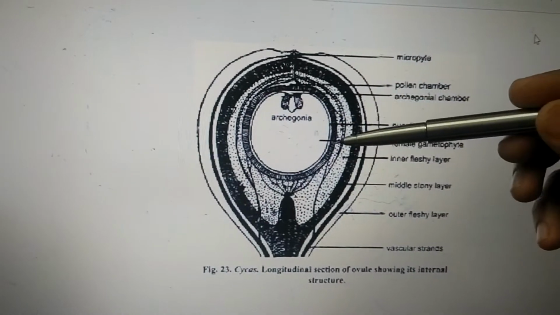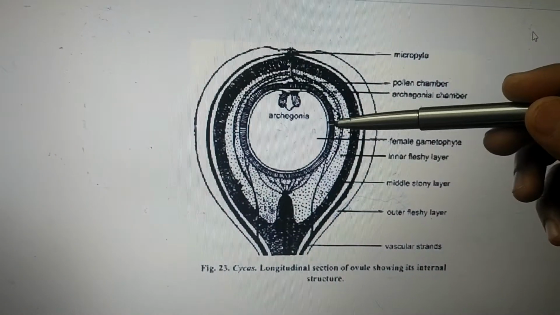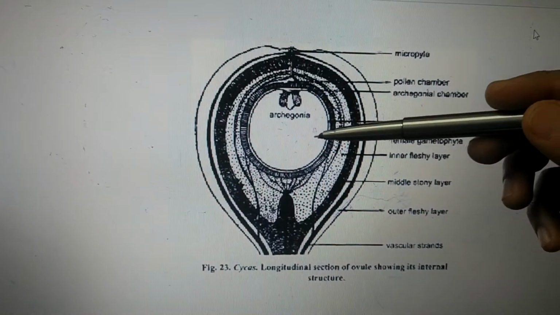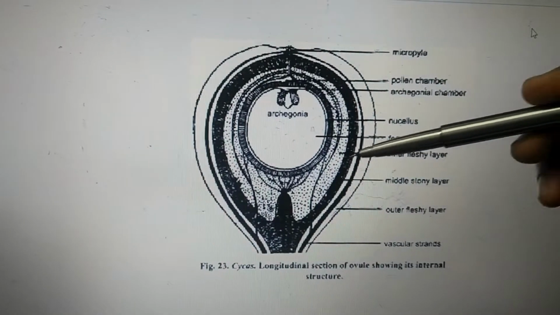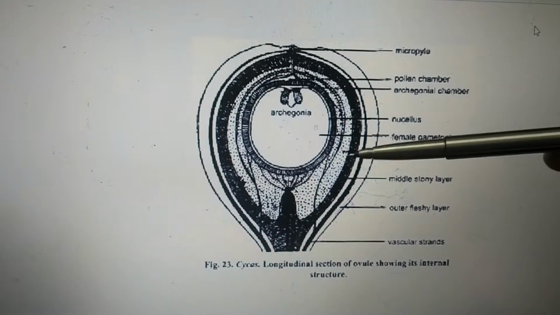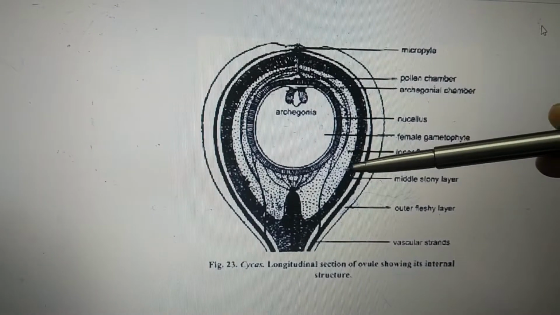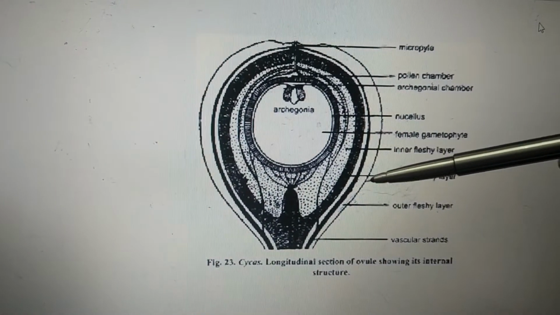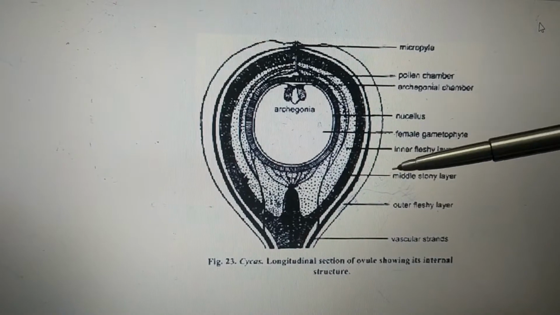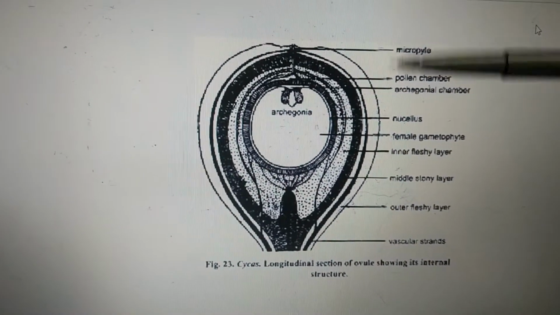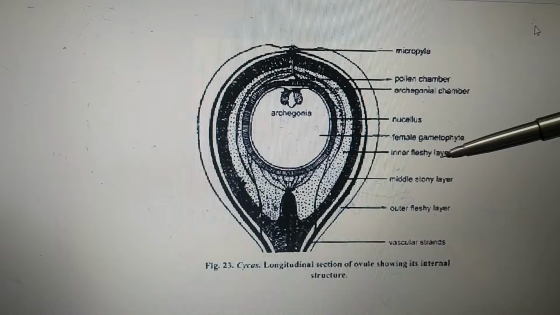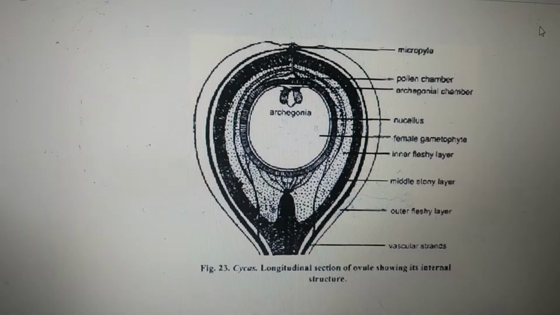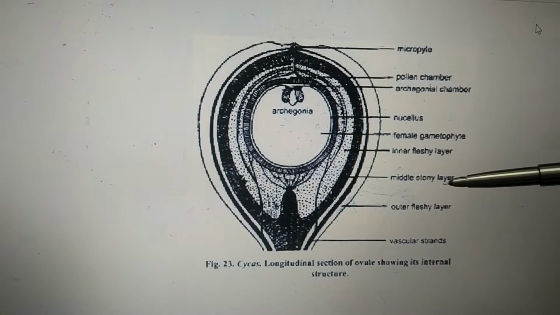Next to the archegonia is the nucellus, which is the female gametophyte. These are the three different layers: the inner fleshy layer, the middle stony layer, and the outer fleshy layer. So three layers are formed from one integument. Inner and outer are fleshy, whereas the middle one is stony.